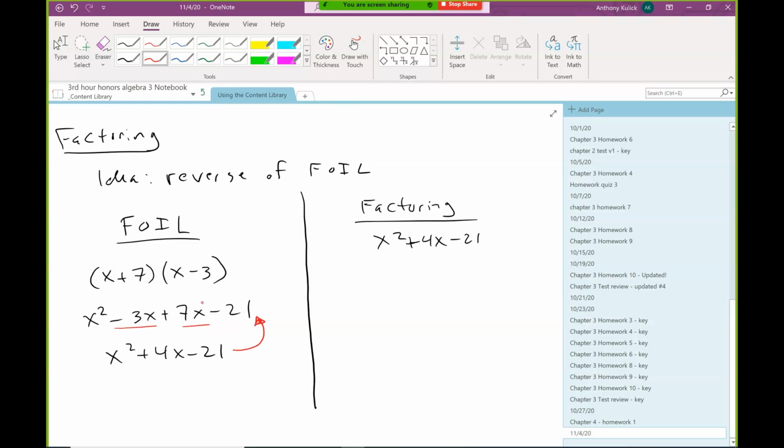Well, obviously those add up to give 4x, but why wouldn't I do 5x and negative 1x? Or 10x and negative 6x? Or 1000x and negative 996x? So we need to have a rule, and it looks like Ella's trying to tell me what the rule is, for how to break that 4x up into two separate numbers.